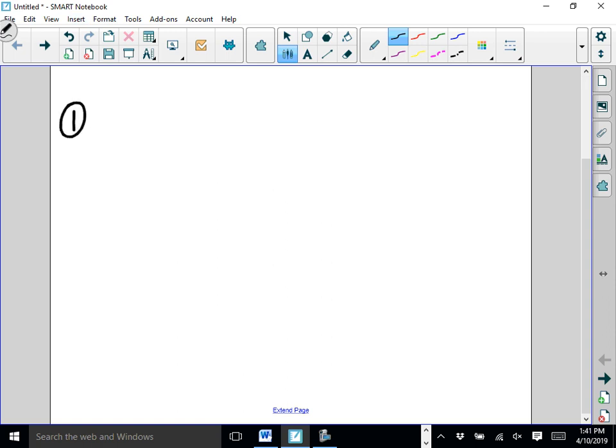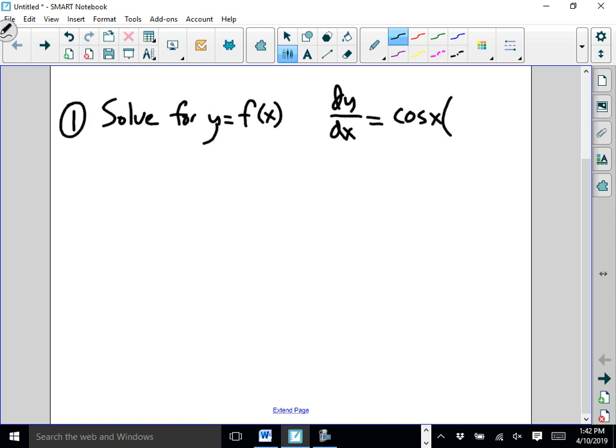Solve for y equals f of x when dy dx equals cosine x, parenthesis 4 minus y, for the initial condition f of 0 equals 1.